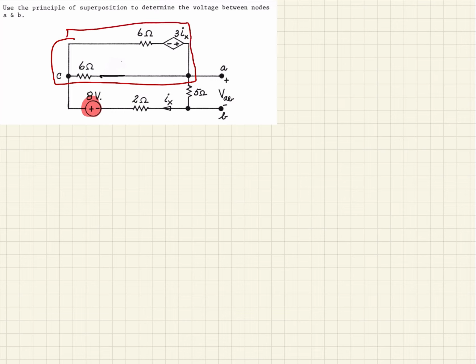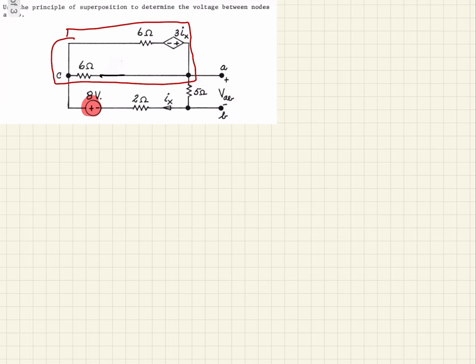So when we do that, this part right here, we can redraw then as, remember when we do source transformation, we can change that to a current source, and then that's going to be divided by the resistance, so that'll be 3ix over 6, which is just going to be ix over 2.